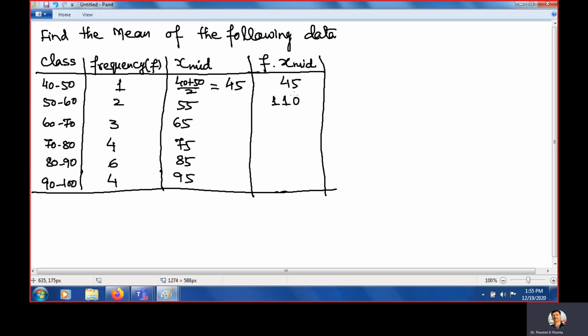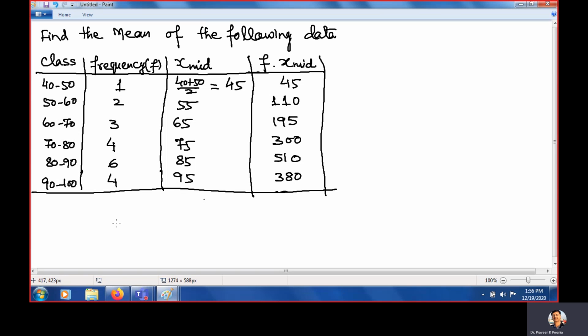Then 65 into 3 is 195. 4 times 75 it is 300. 6 times 85 it will be 510. And 4 times 95 it will be 380.